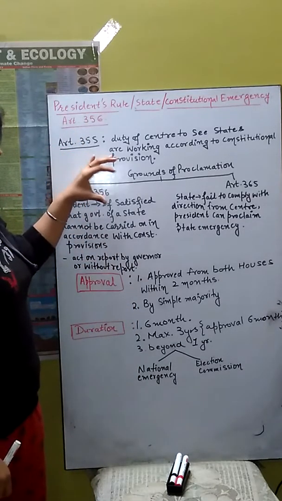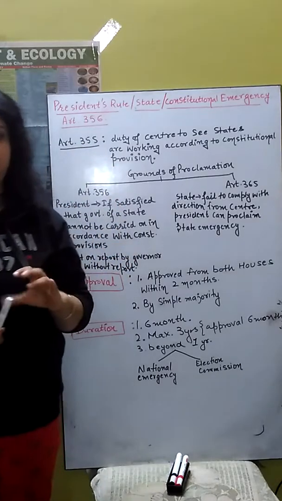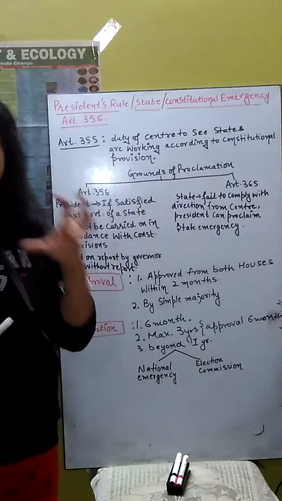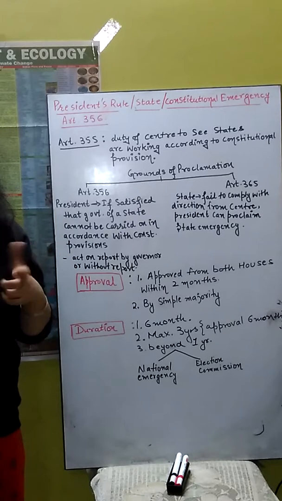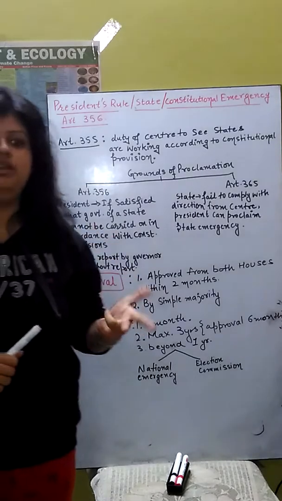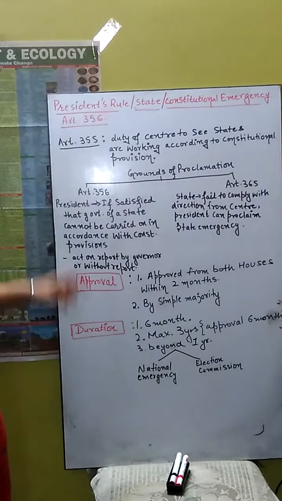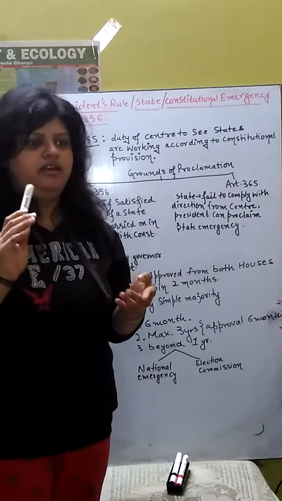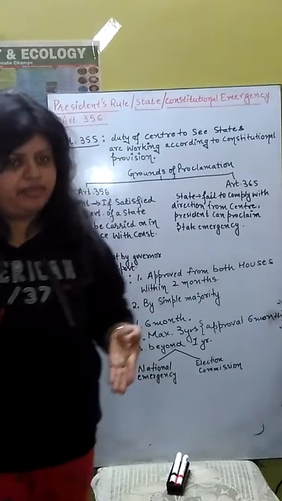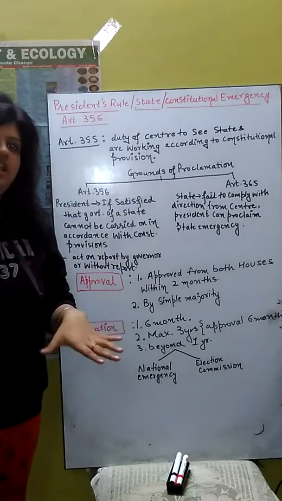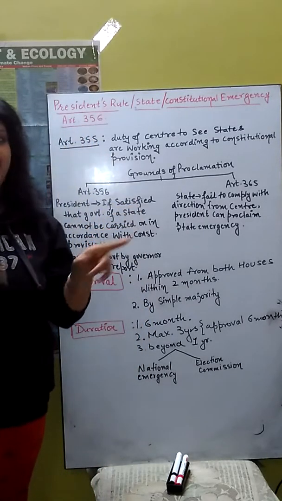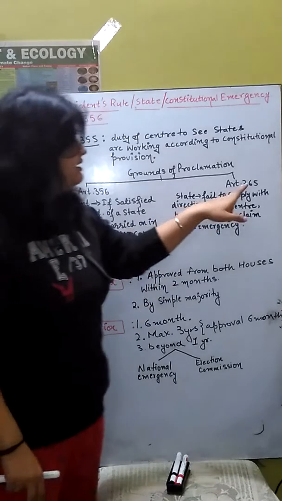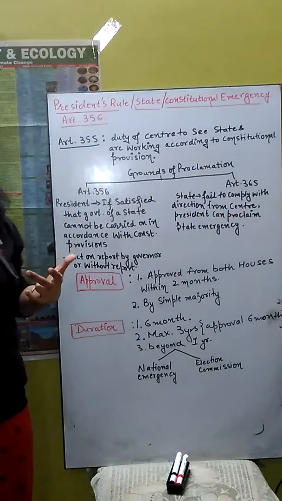So now let's see what are the grounds of proclamation. Under what circumstances is the President empowered to proclaim President's rule in any state? The first ground on which President's rule can be imposed is given in Article 356 itself, and the second ground is given in another article which is Article 365. And how are you going to remember it?